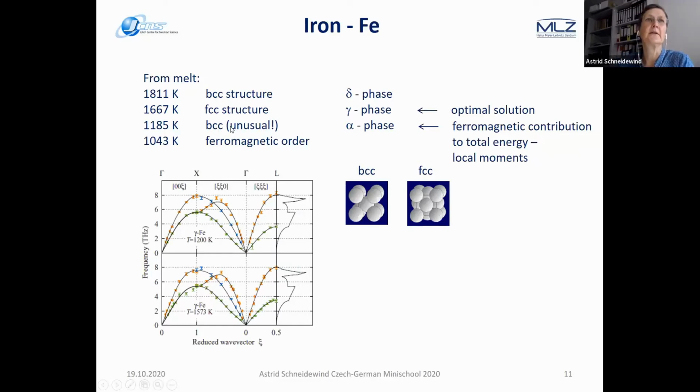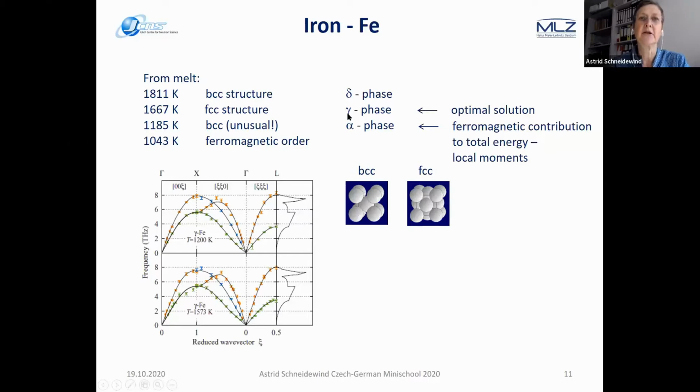But it was understood for a while that this is due to ferromagnetic contributions coming from local moments already before the sample orders ferromagnetically at a transition temperature, the Curie temperature. But up to some years ago, it was not understood why we have this BCC structure at high temperatures before we go to this optimal structure.